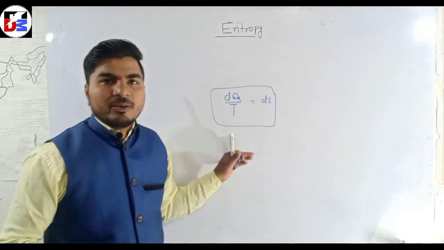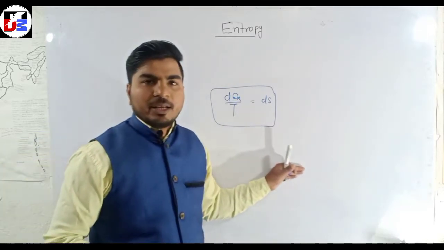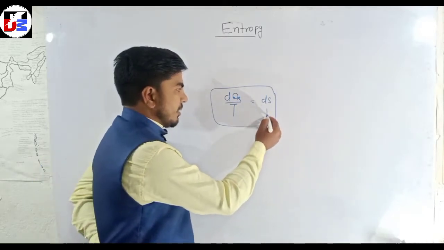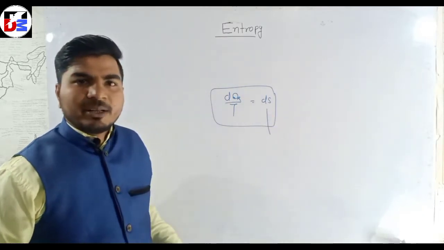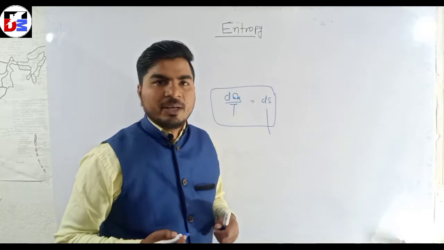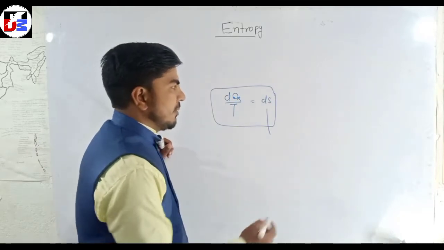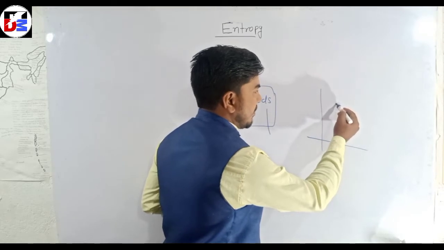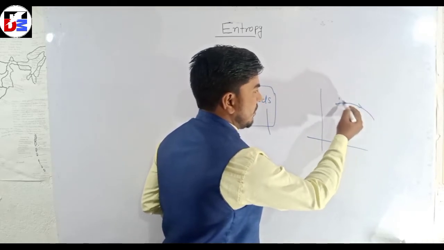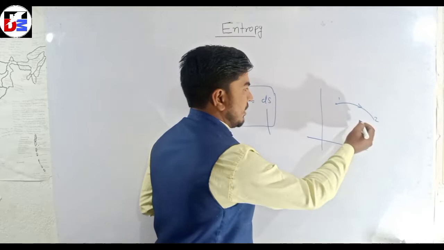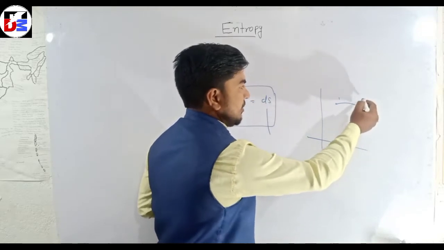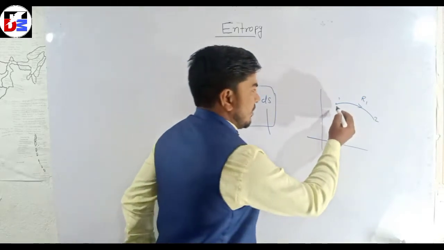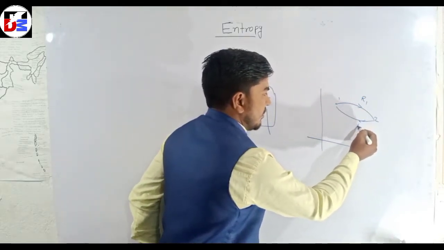This term is used by Clausius, and Clausius stated that dS, that is entropy, is a property of the system, and it depends on the point, any point. For any process 1 to 2, this path is reversible, that is R1, and another path is followed by R2.